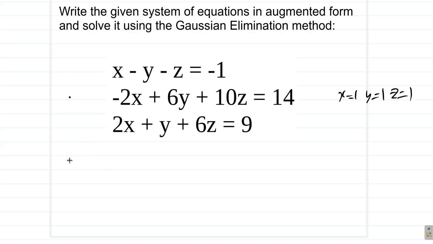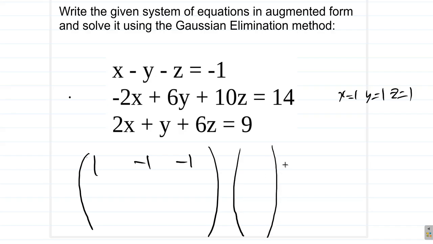Augmented form. First of all, write it in ordinary matrix form. You have 1, negative 1, negative 1, negative 1. I told you to write it as an ordinary matrix, and I'm writing it as an augmented matrix. To be safe, and ensure you don't make any mistake, write it as normal matrices first. 1, negative 1, negative 1. Equal a third matrix.